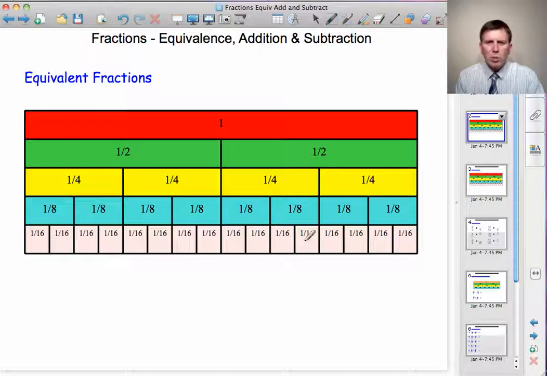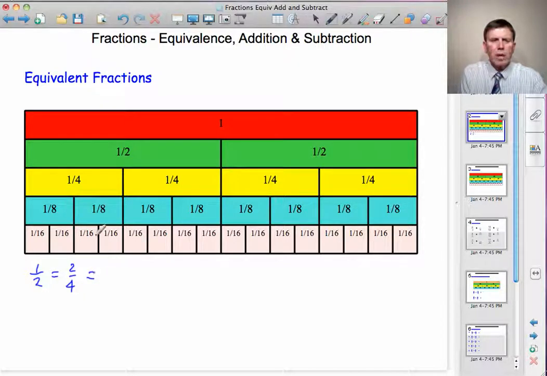And I want you to be thinking about it at the same time. You try and identify them before I do. So to get started, let's say a half is the same as 2 quarters. We can see there that 1 half is the same as 2 quarters. Now have a look at the wall and see what else a half is the same as.